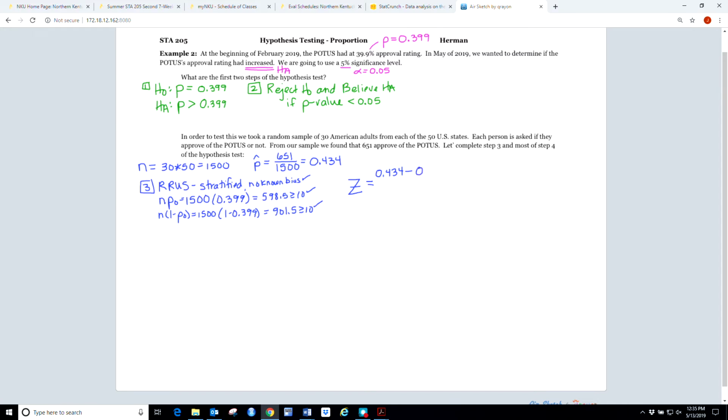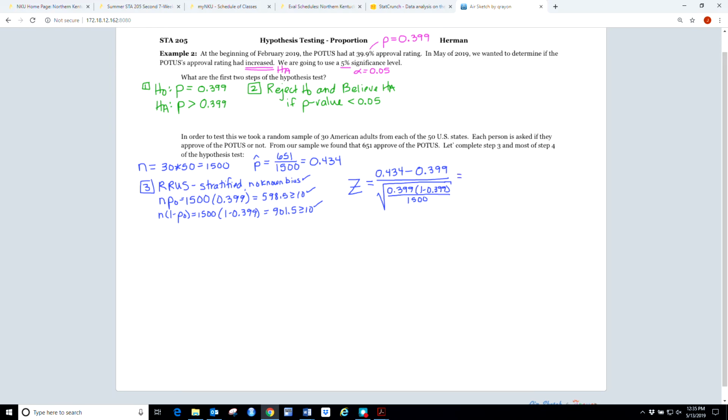Our p0 is the 0.399. And on the bottom, we've usually already had this number calculated, but I don't, so I'm going to write it out with that square root piece on the bottom. Again, that bottom part is our standard deviation of p-hat.